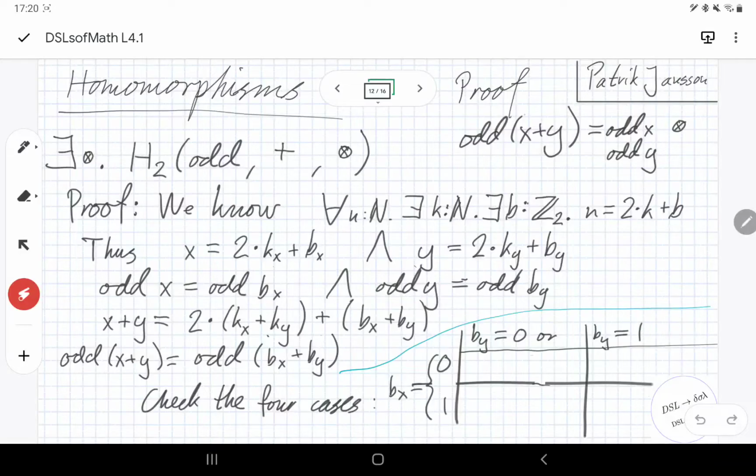And then we can note that from things we know about odd numbers, if we add an even number to the odd number, the oddity of x is the same as the oddity of b_x. The parity doesn't change if you remove an even number. And similarly, the oddity of y is the same as the oddity of b_y.